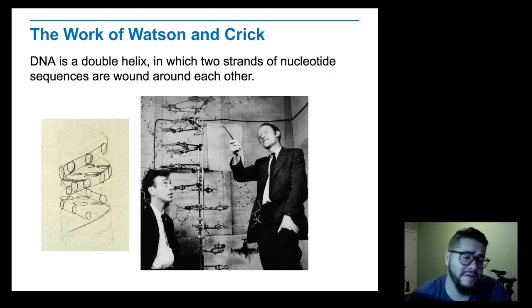They had been working on the structure of DNA for a while, and they were down to a few different shapes. And they kind of stole Rosalind Franklin's work without her knowledge, and used her work along with the work they'd been doing to put together that the structure of DNA was a double helix molecule, right, where you have two strands of nucleotide sequence bound around each other.